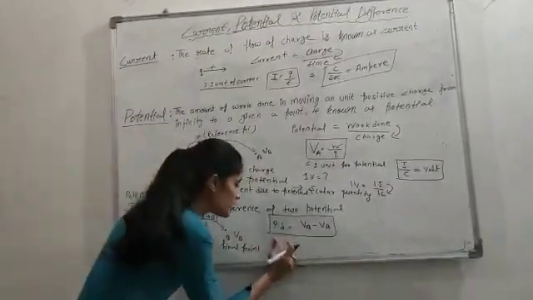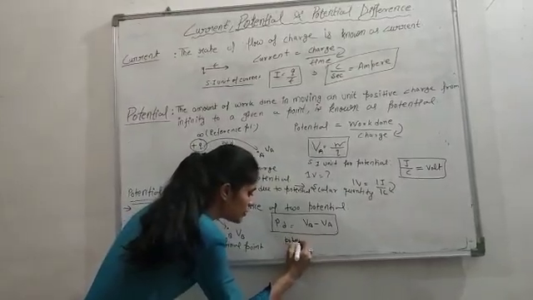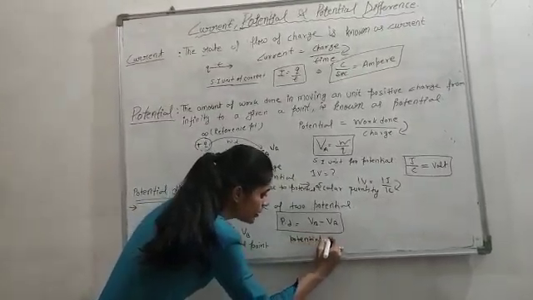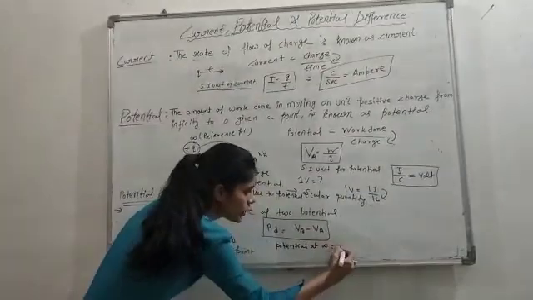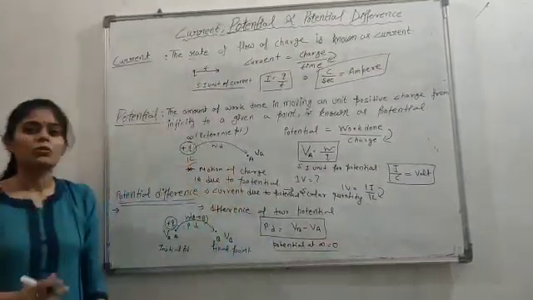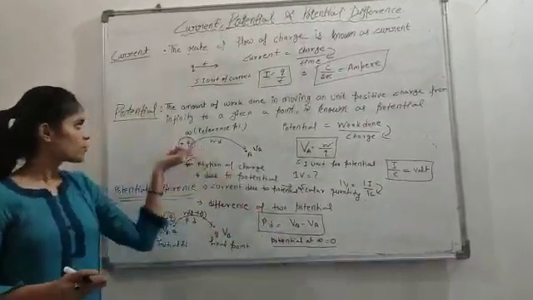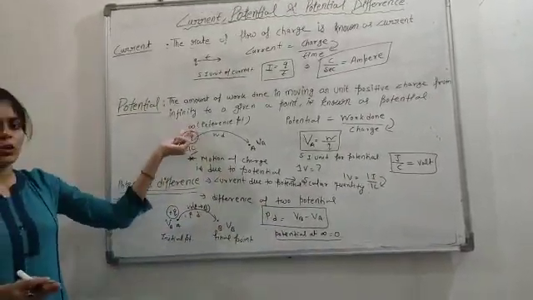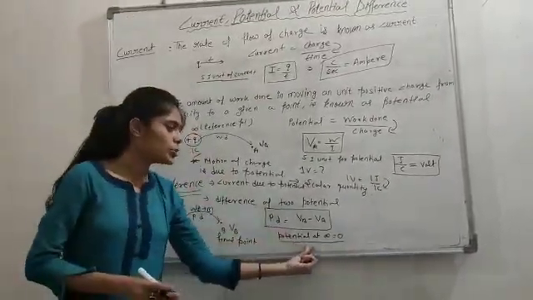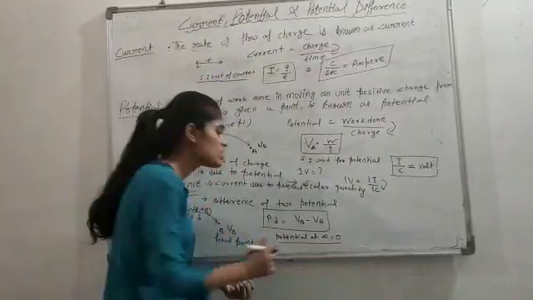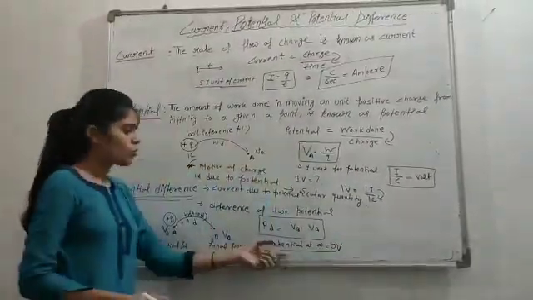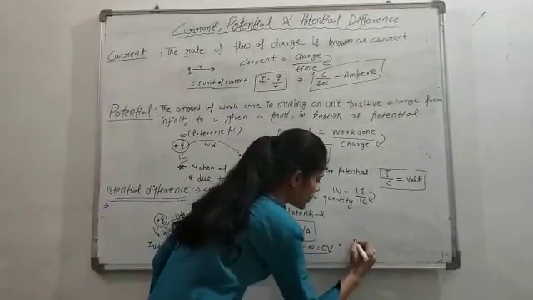And always the potential at infinity is 0. We consider, when no other point is given, a reference point which is known as the infinity point. So the potential at that point we take as 0 volt.